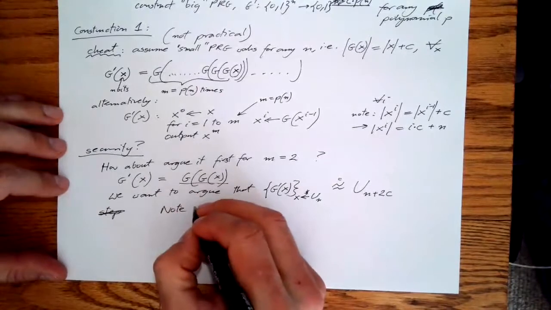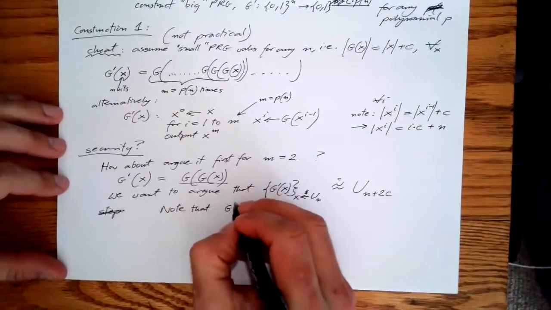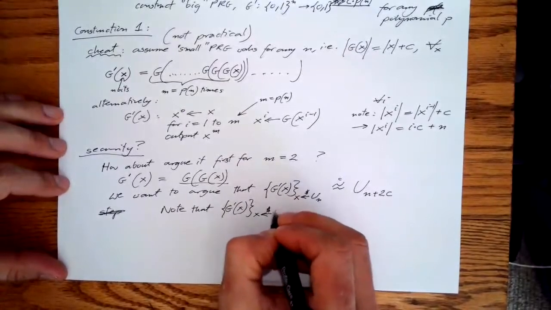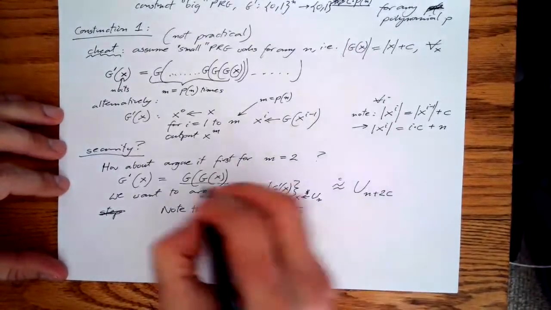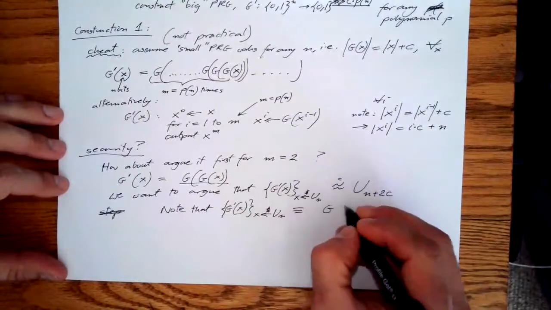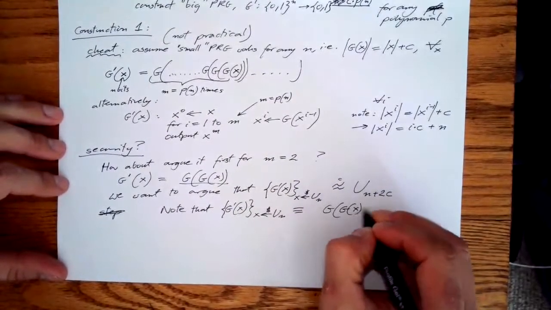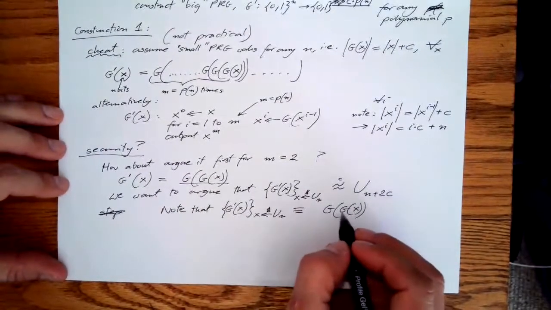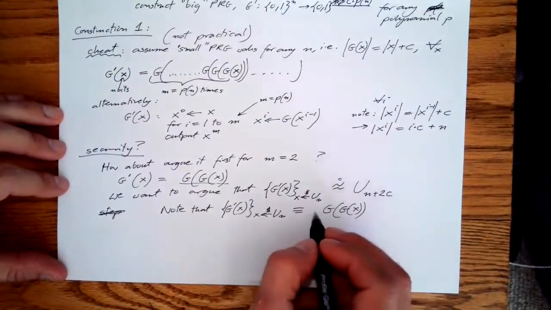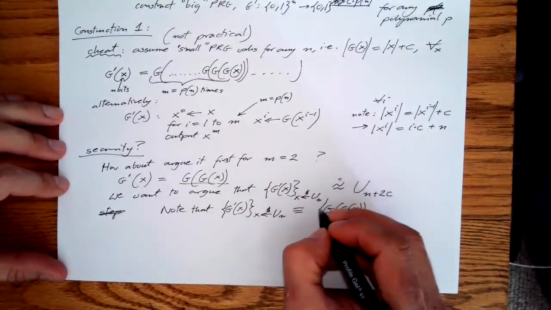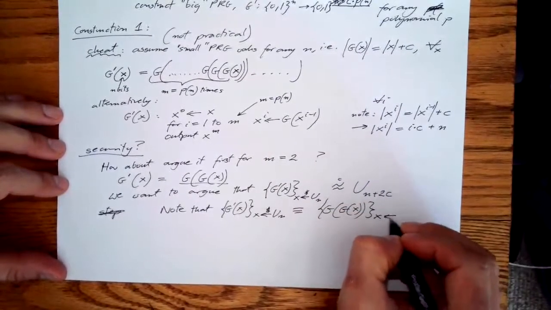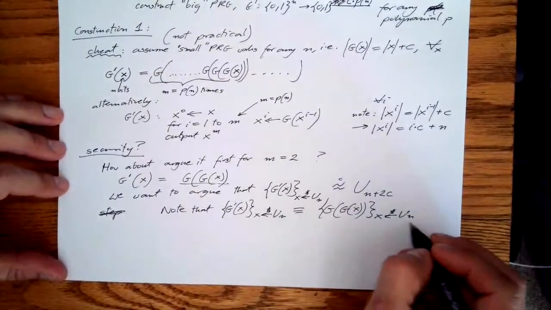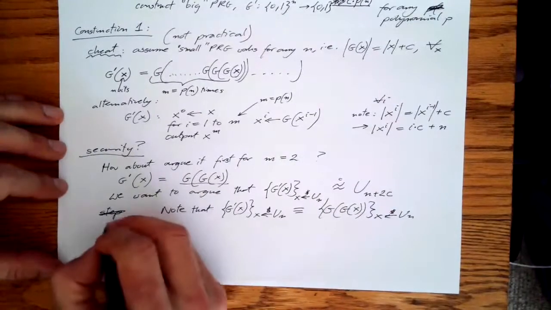Note that this distribution is identical to, by construction of G prime, just replacing G prime with what it is, which is taking x, applying G to it, and then applying G to the result. So really, I need to argue that this distribution is indistinguishable from that one.